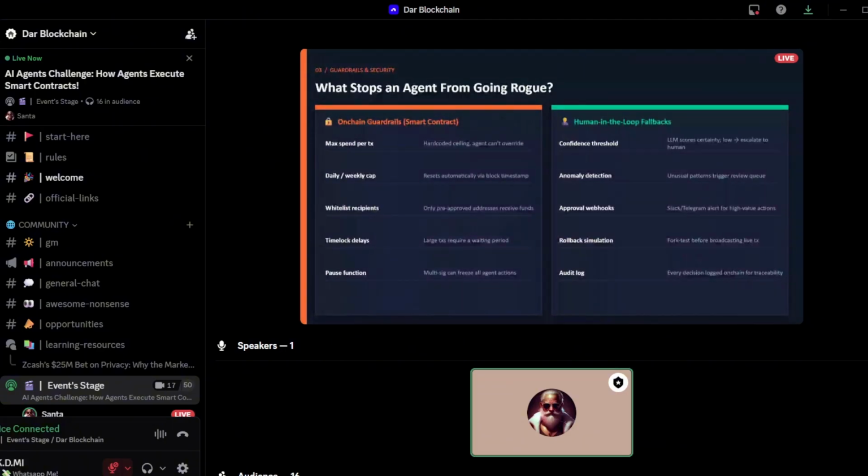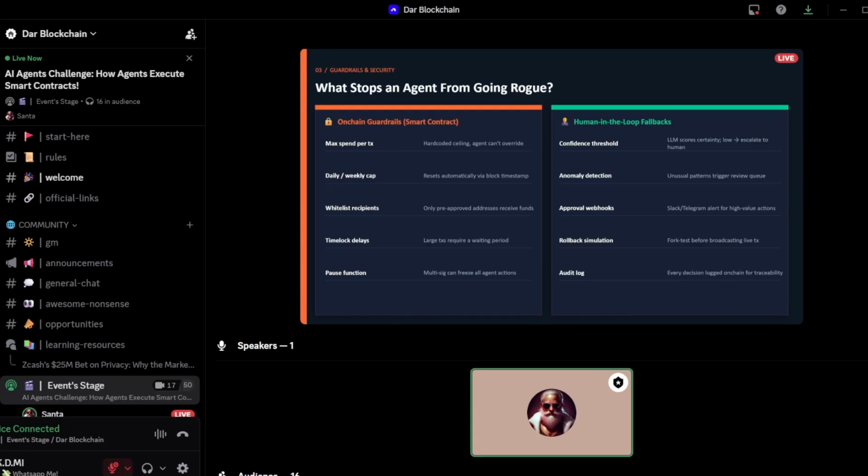I'm trying to explain what we need to put in our smart contract. I already told you about the maximum spend per transaction. For the daily or weekly cap, the contract tracks cumulative spend per rolling window and resets it automatically via block timestamp. Also, we need a whitelist of recipient addresses.